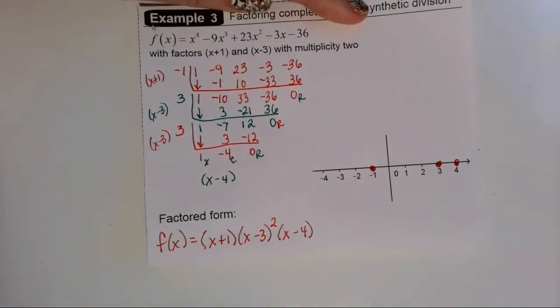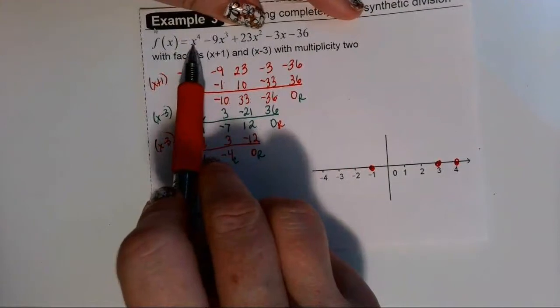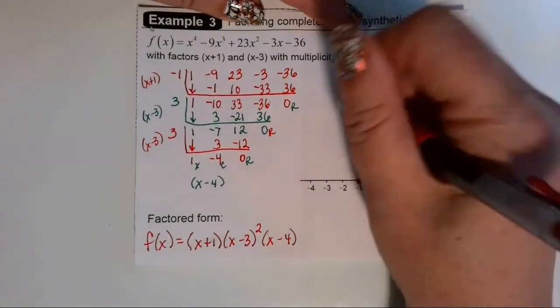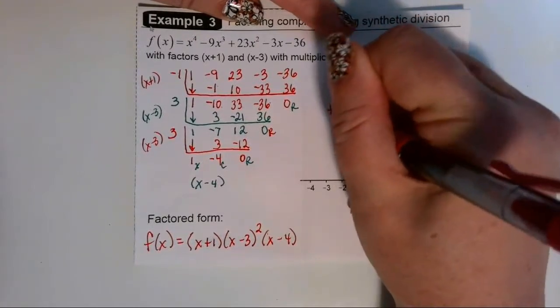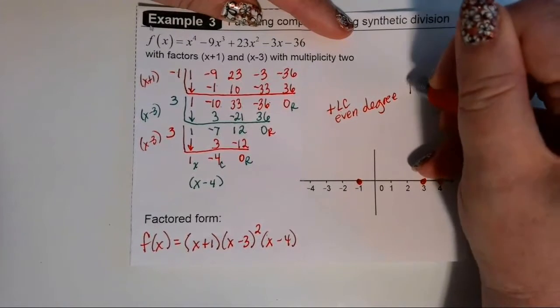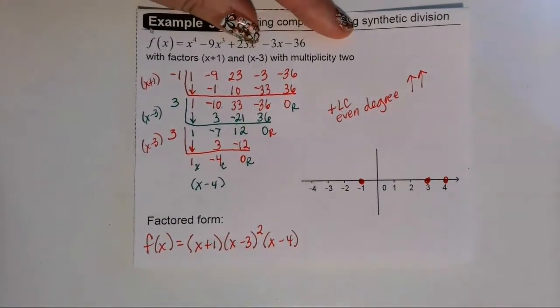Then I can analyze my end behavior. So I see in my original polynomial, this is a positive leading coefficient and an even degree. So positive leading coefficient and even degree tells me that both ends are going to face up to positive infinity.